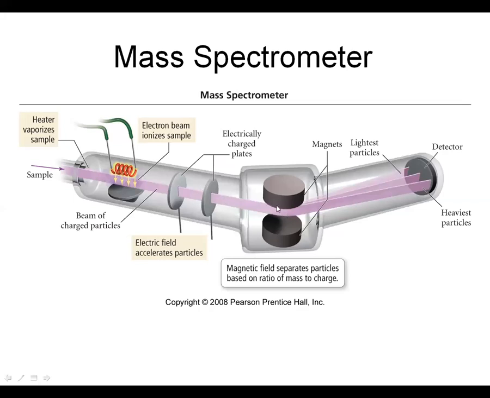As it goes through here and bends, the lightest particles will come off first, the heavier ones will come off after, and you'll get a graph very much like what we saw on the previous page. You'll be able to figure out the percent abundance of each of those isotopes and also the atomic mass of each of those isotopes by using this process.